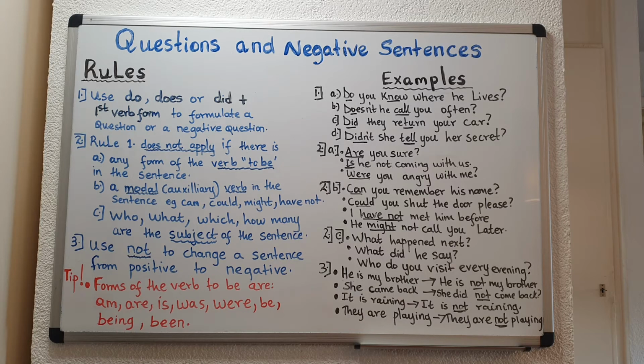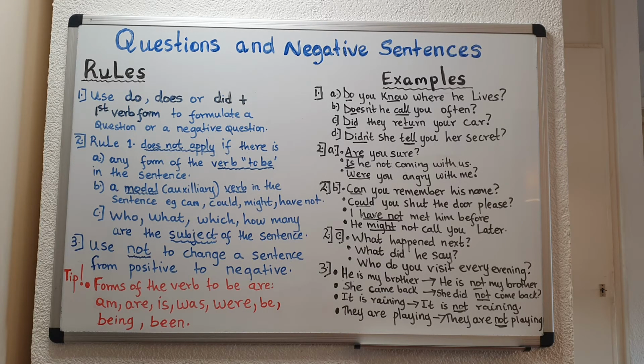So, you can apply rule number 1 to formulate a question or ask a negative question, but you can't apply rule number 1 if there is any form of the verb to be in the sentence.